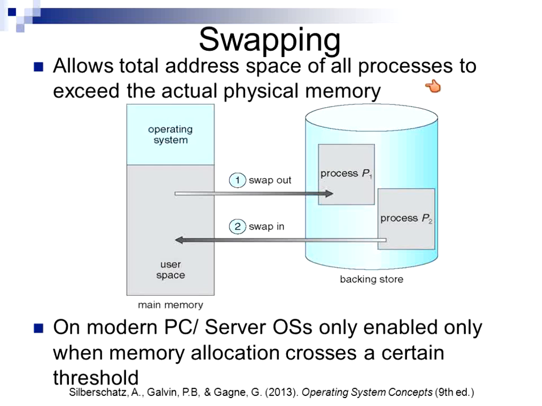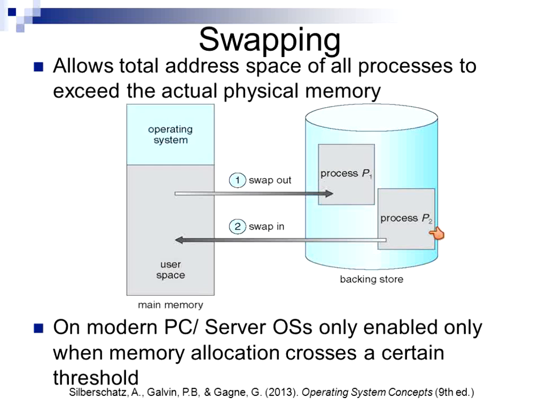What swapping does for us is allow the total address space of all processes to exceed the actual physical memory. So a process can be in memory, and then if another process wants to run and they both can't fit in memory at the same time, the first process will be swapped out to disk.